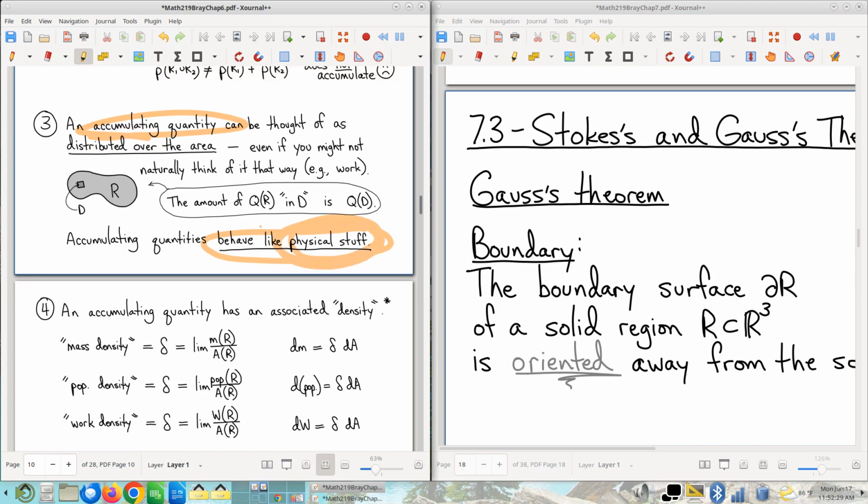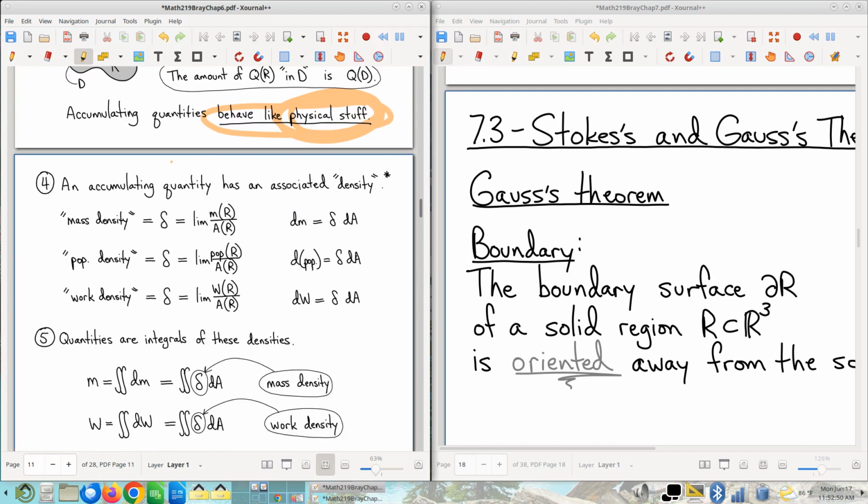It's as if it's a substance that's distributed over the area, even if you don't compute it that way, even if you don't visualize it that way. It behaves just as if it is a stuff distributed over that interior.